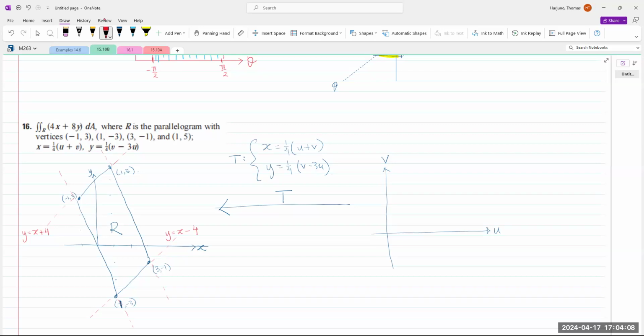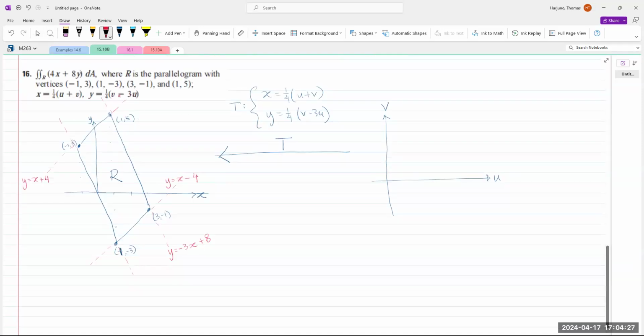Then this line here is y equals, what is the slope? 2, negative 3, so y equals negative 3x plus 8. And this one here is y equals negative 3x plus 0.